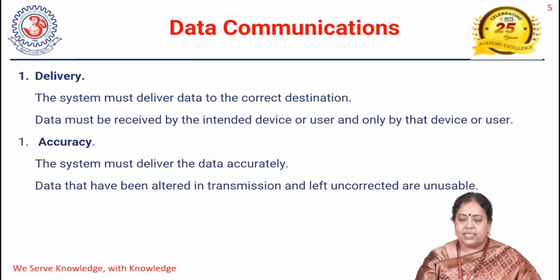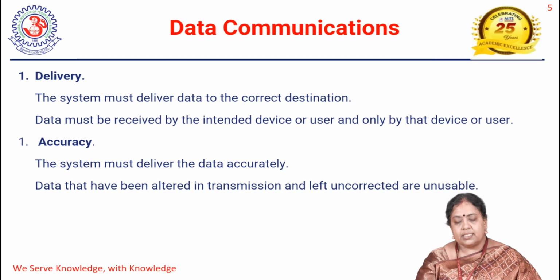Data must be received by the intended device or user and only by that device or user. Intended means to whom we refer. If A is sending the data to device B, only B has to receive the data, not C. That is the intended device. So one of the main characteristics is delivery.